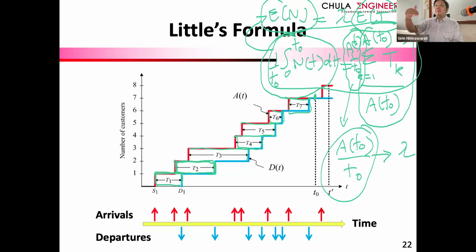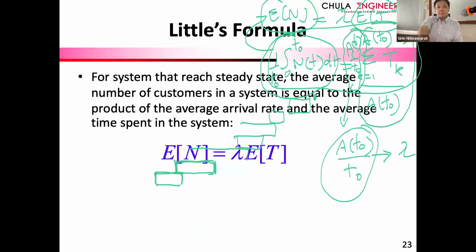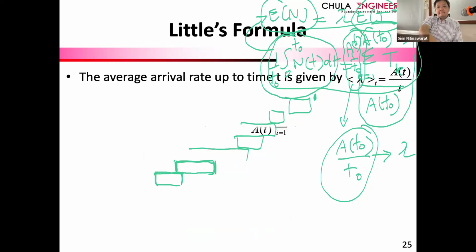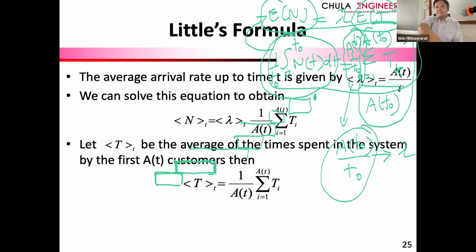Then when you sum Ti, you sum over all times customers spend in the system, average that by the number of customers that have arrived, and that will be related to the average time each customer spends in the system. So that's what you get.